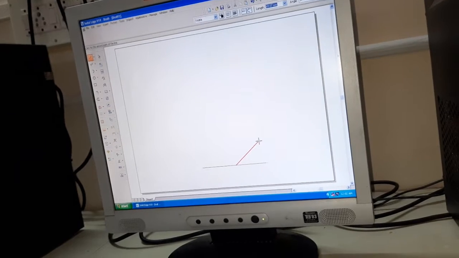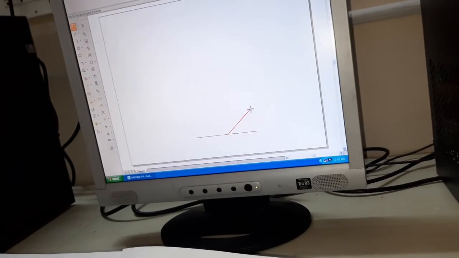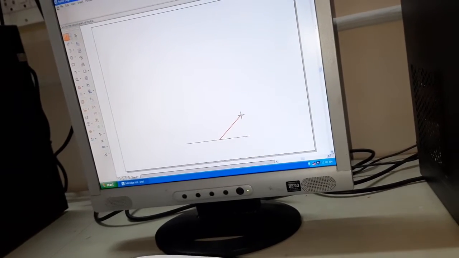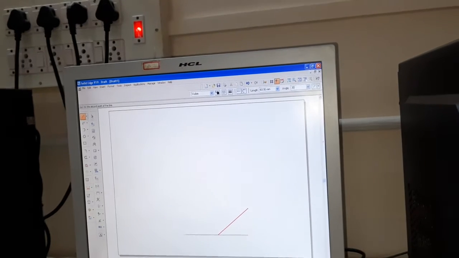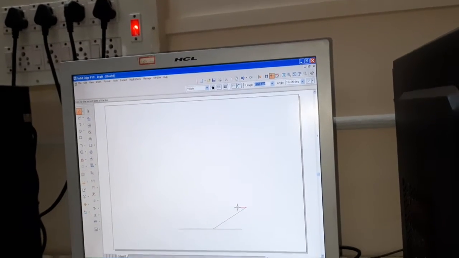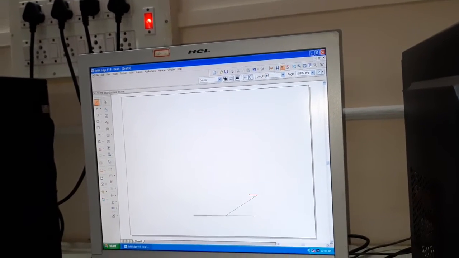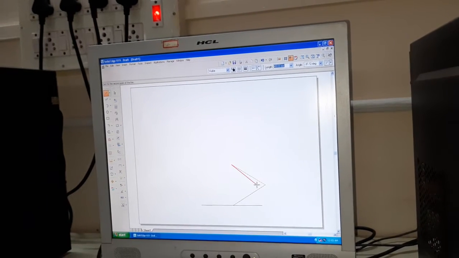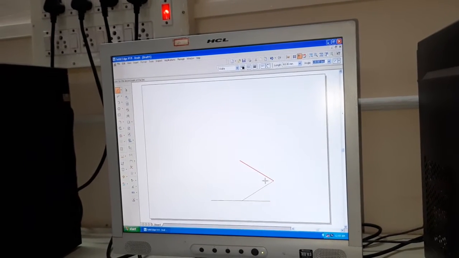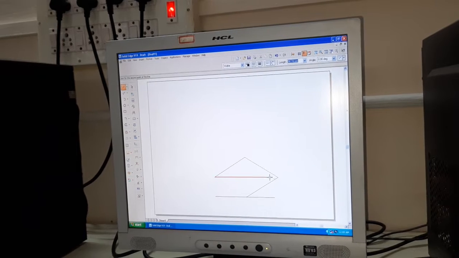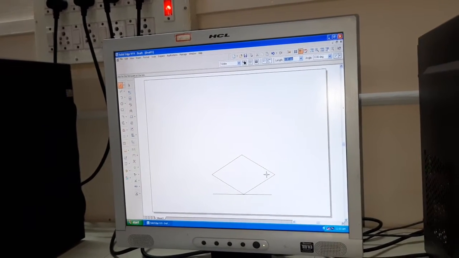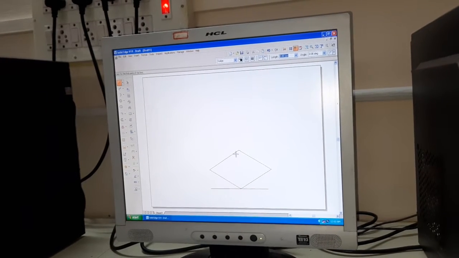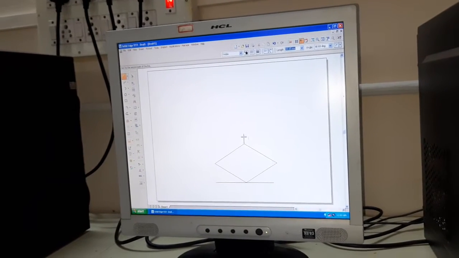The slab size is 60, so draw a slab of 60 mm and height 20 mm. Now we have drawn the base of the slab, which is 60 mm.